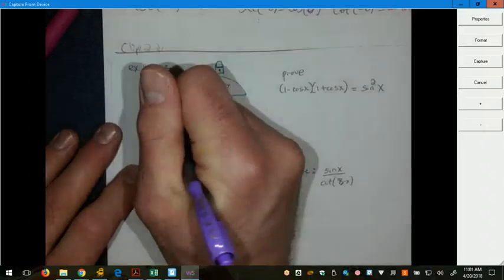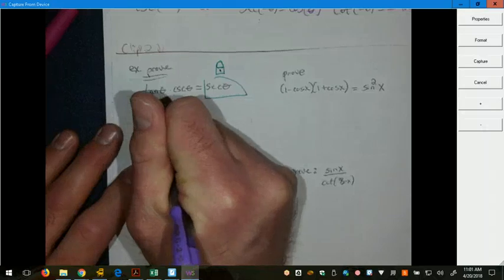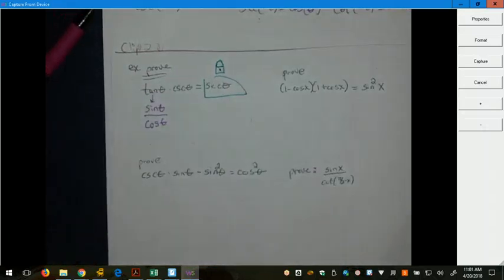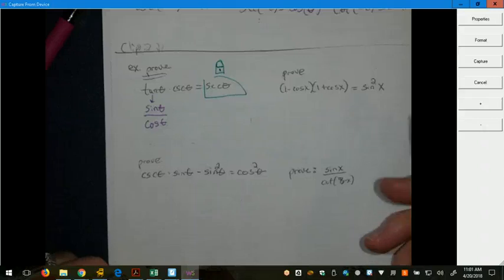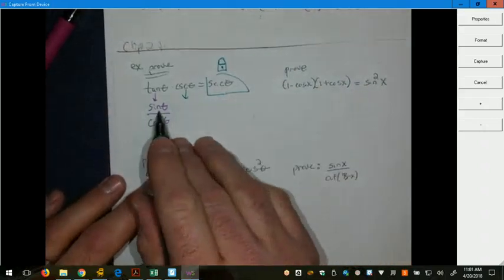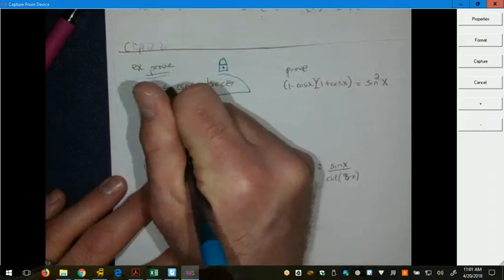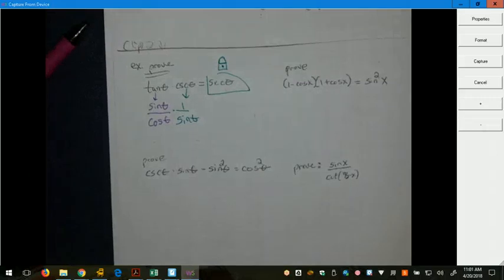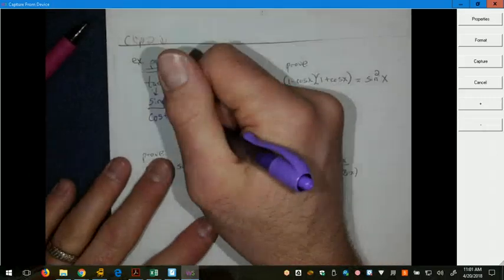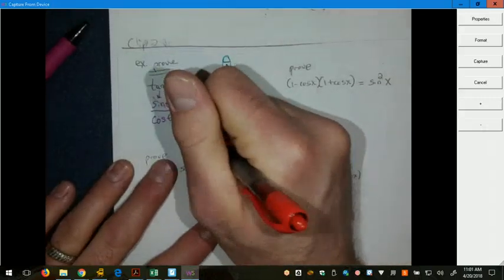I know that tangent can be written using one of its identities as sine theta over cosine theta. Well, that doesn't really help me yet. But I also know that cosecant is the reciprocal of sine, and it can be written as 1 over sine. So when I multiply, I have the product of these two fractions. I have one factor of sine in the numerator and one factor of sine in the denominator.